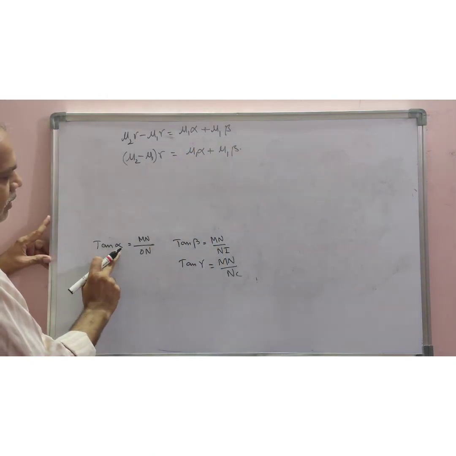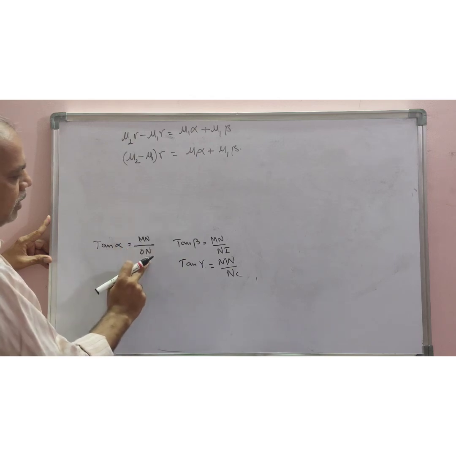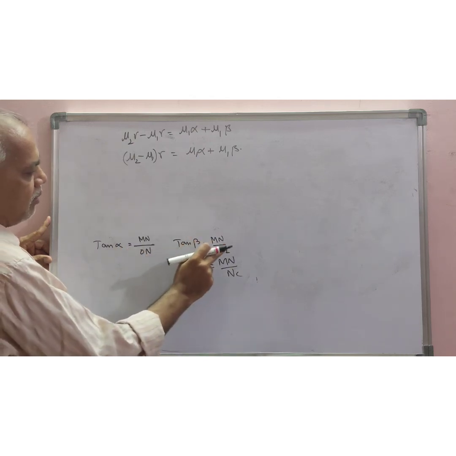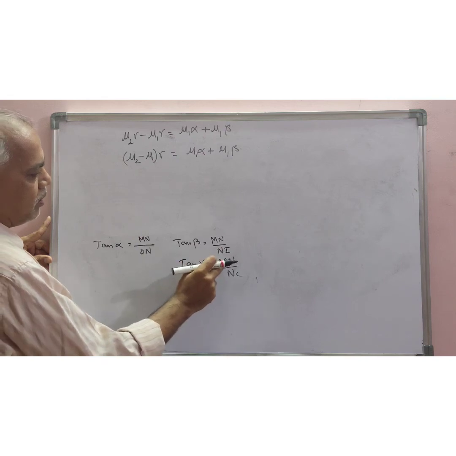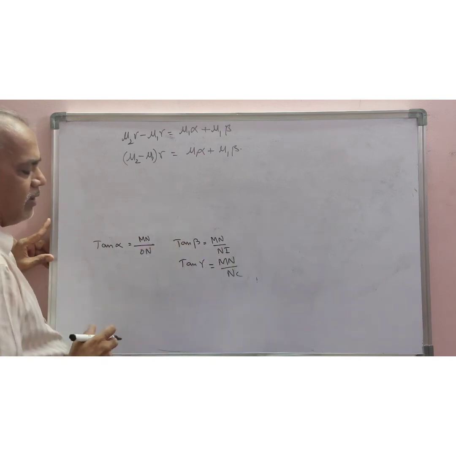Here tan alpha is equal to MN by ON, tan beta is equal to MN by NI, and tan gamma is equal to MN by NC.